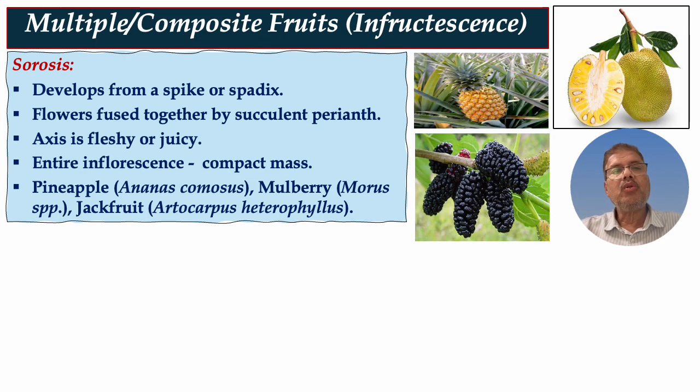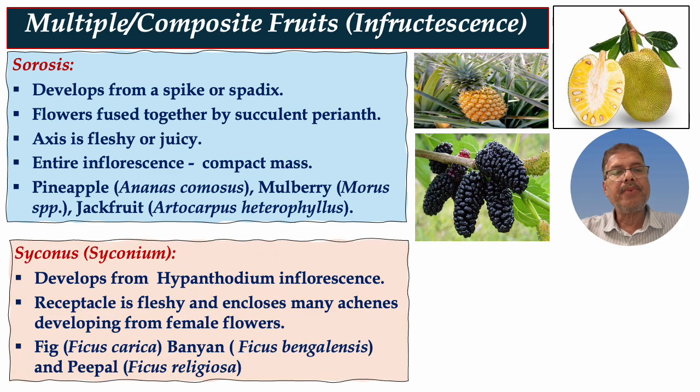A multiple fruit or composite fruit develops from a whole inflorescence along with the peduncle on which the flowers are borne. Each flower in the inflorescence contributes to the fruitlet, and these fruitlets fuse together as they mature into a single larger fruit structure. These fruits are also known as an infructescence.